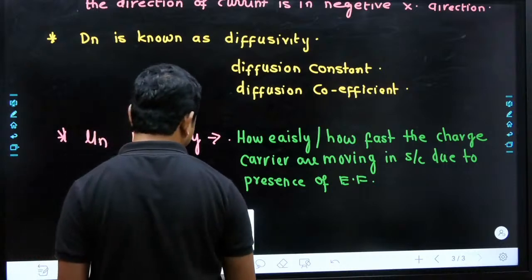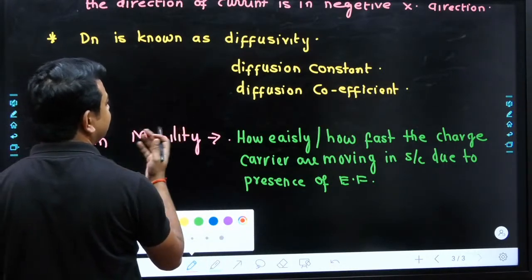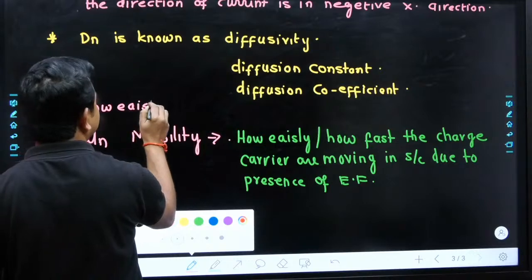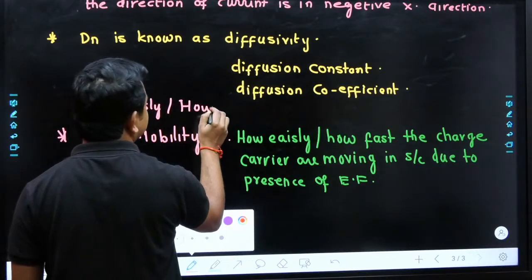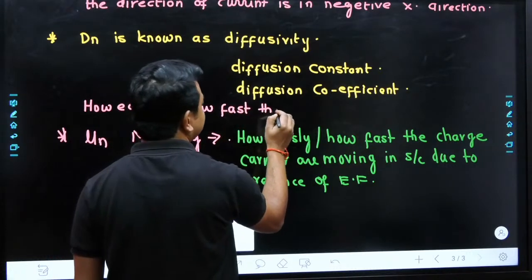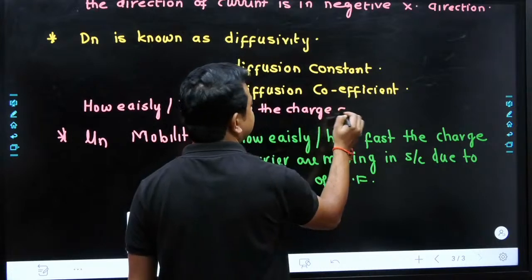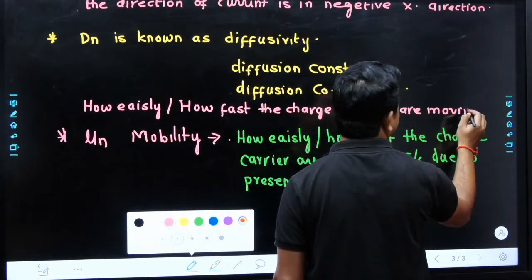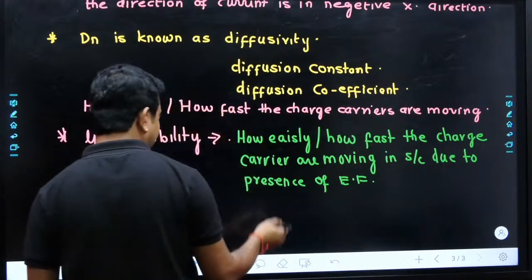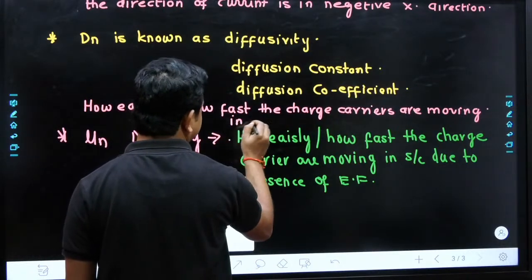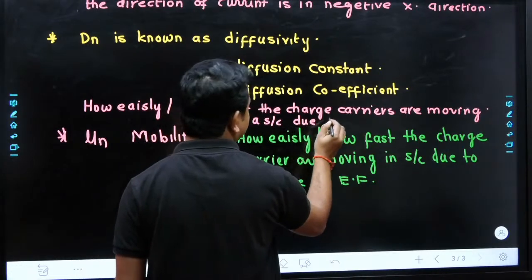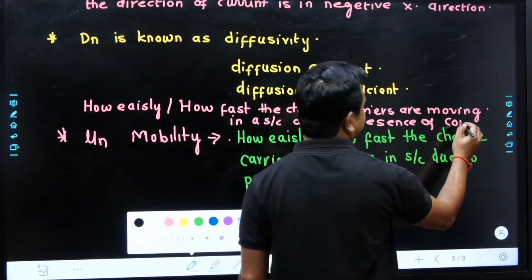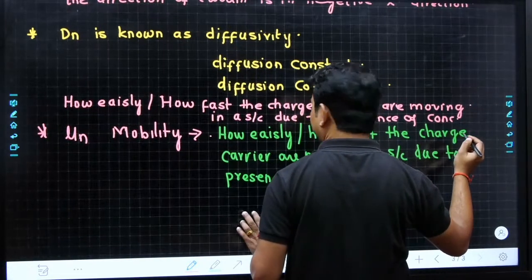So, whenever an electric field is present, mobility is the principle, and similarly we have diffusivity. What is diffusivity, the diffusion constant or diffusion coefficient? It resembles how easily or how fast the charge carriers are moving in a semiconductor due to the presence of a concentration difference.